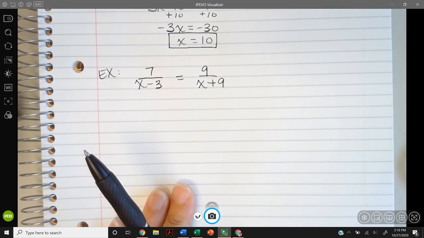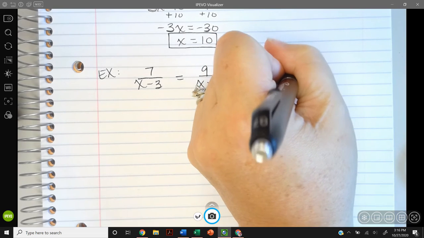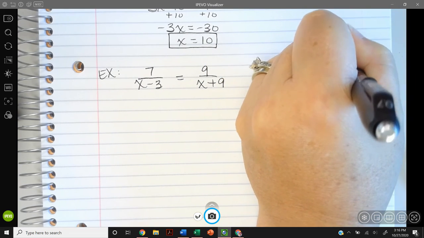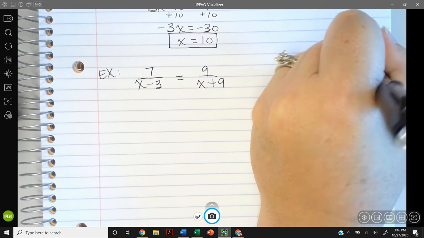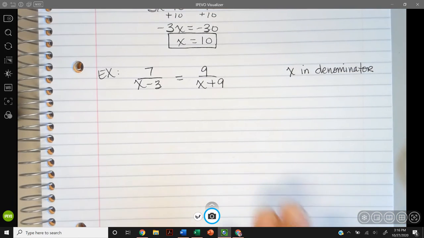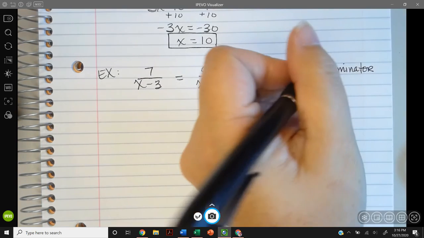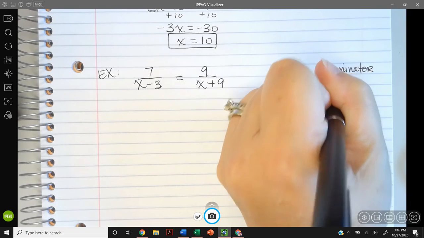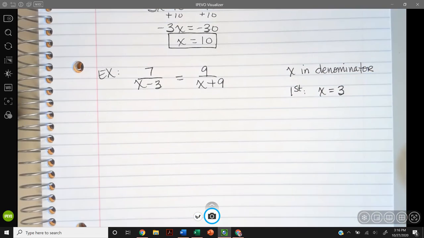When x is in the denominator, we have some problems, and we have two specific problems. Our first problem is what happens if x equals 3.